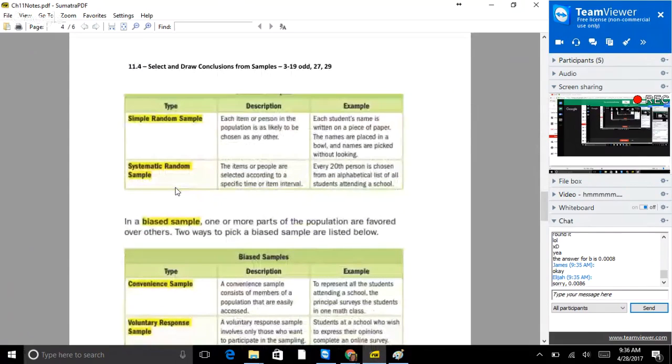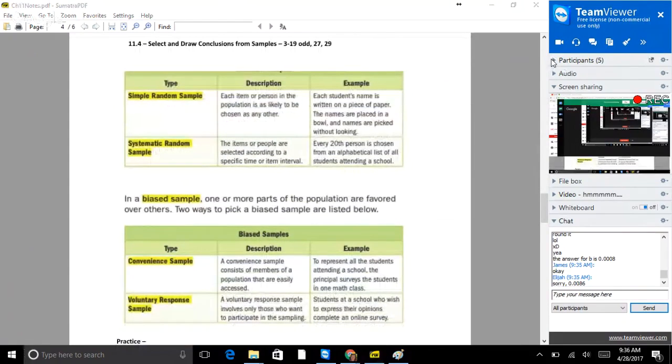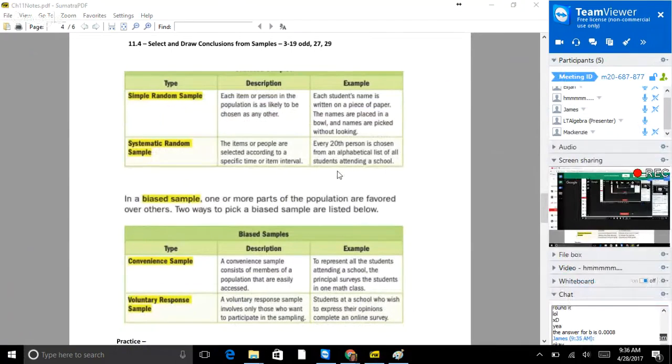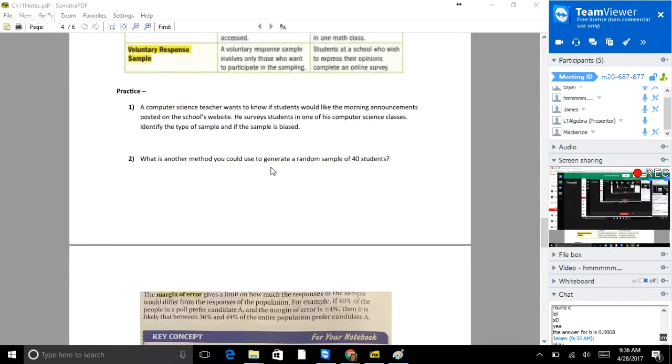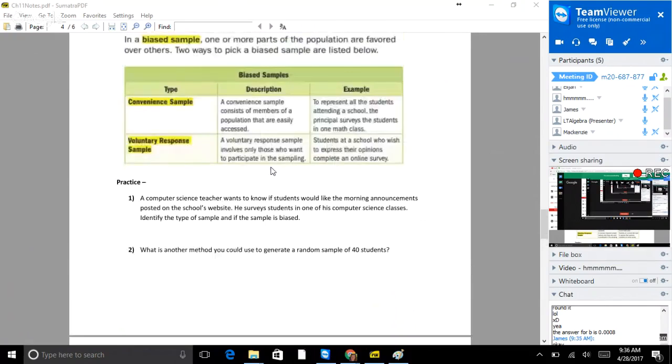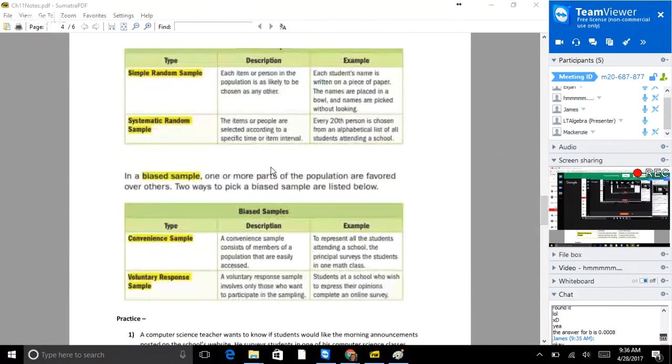Okay, so on Friday, right before you guys left, we talked about selecting and drawing conclusions from samples. So we talked about different kinds of samples. I think you guys all kind of rocked this out.